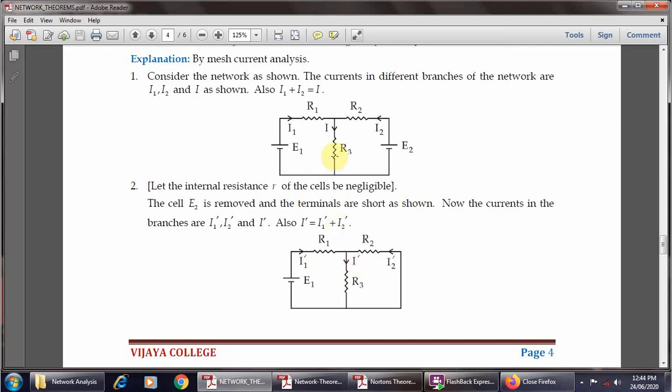Means in the main circuit I1 is the current flowing through E1, I2 is the current flowing through E2, and the total current flowing through the circuit is I. In the first case we remove E2, acting as a short circuit, hence we consider that I2 dash is flowing through this circuit, here is I1 dash, and the total current is I dash.